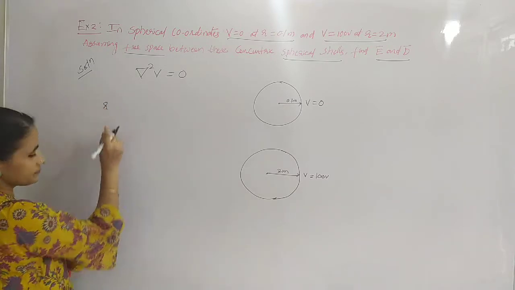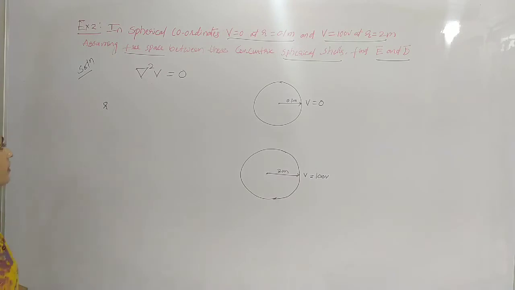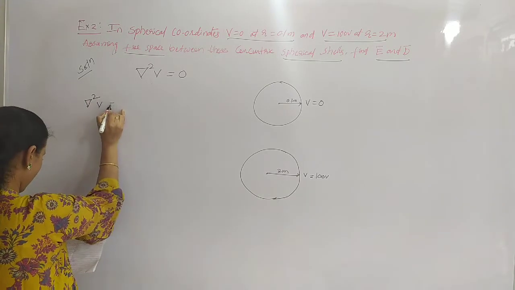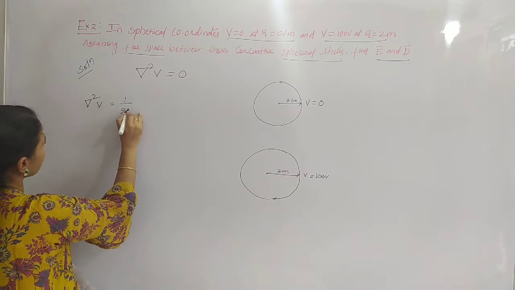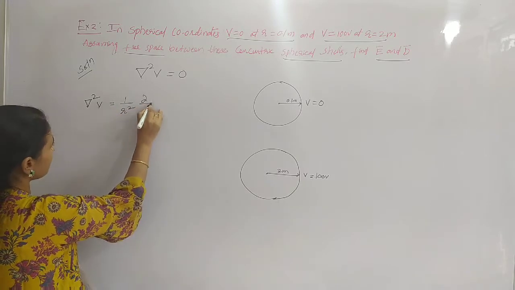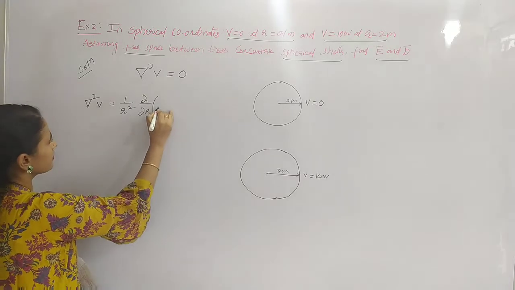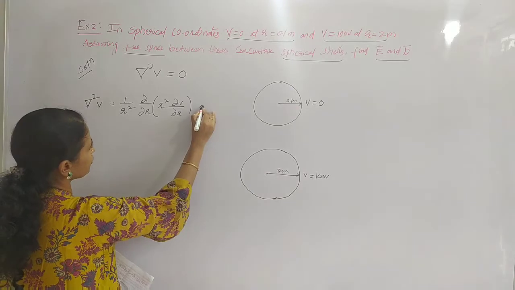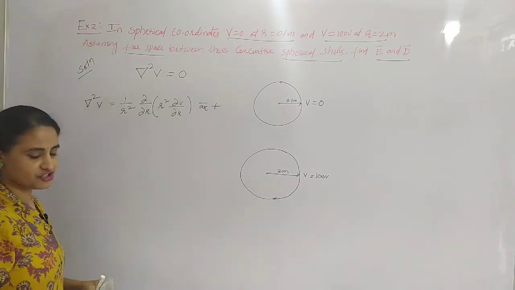Del square V is given by 1 by r square into dou by dou r of r square into dou V by dou r into a r. This is the first term.